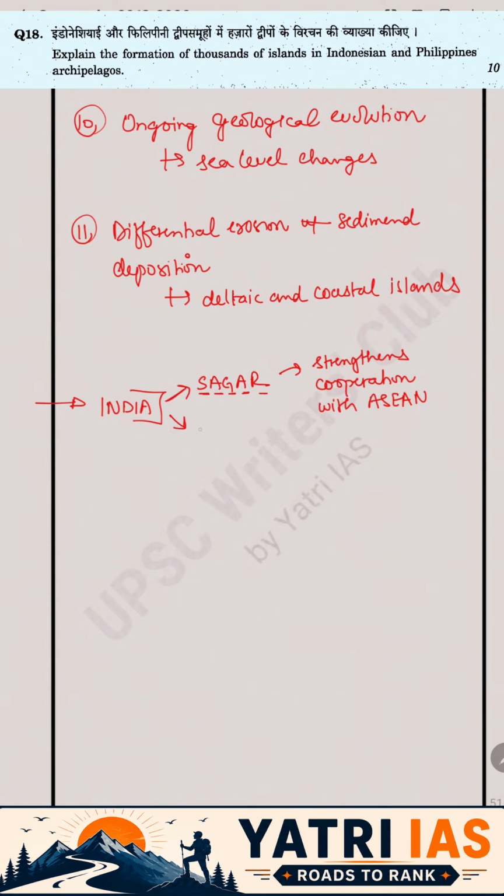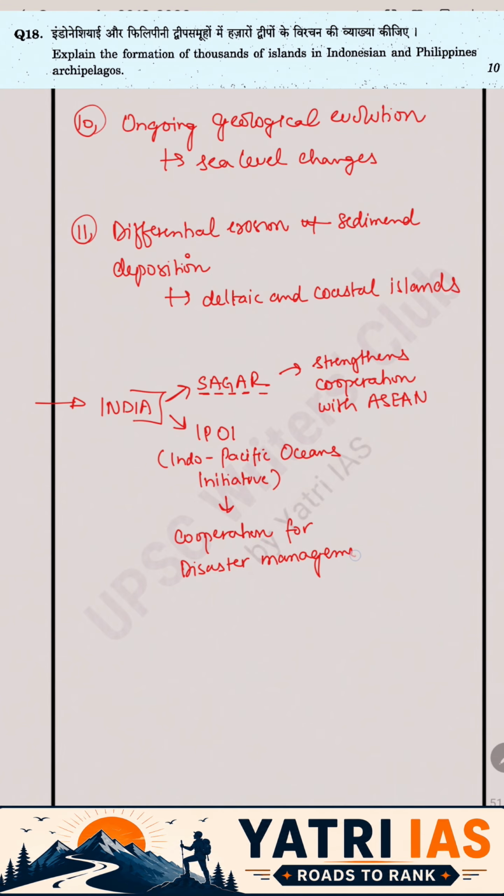Then there is one more platform, IPOI, that is Indo-Pacific Oceans Initiative. This is also for cooperation, for disaster management. So you could also mention these initiatives and connect the answer with India.